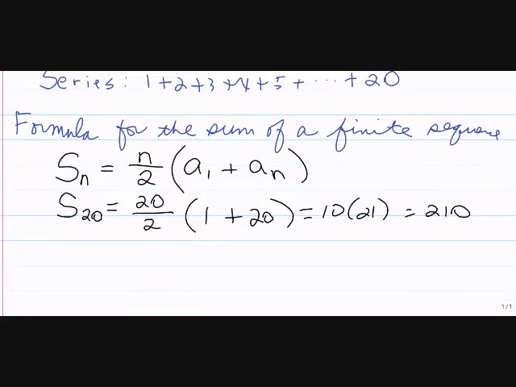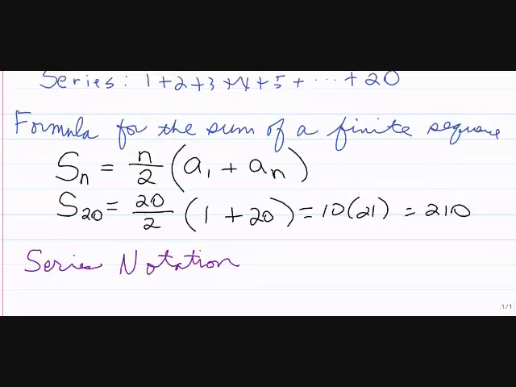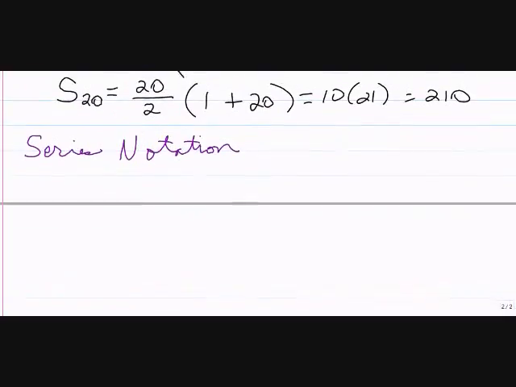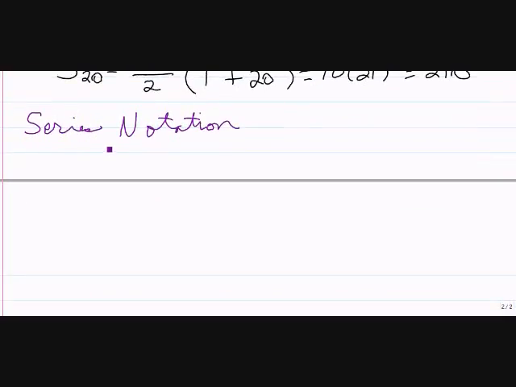We also want to talk about series notation. So if I'm going to go back and talk about this very simple sequence, 1, 2, 3, 4, 5, 6, 7, 8, 9, 10, there is a way I can write the series for that in a funny little notation with a symbol that looks like an E, but it's not really an E, it's a sigma.